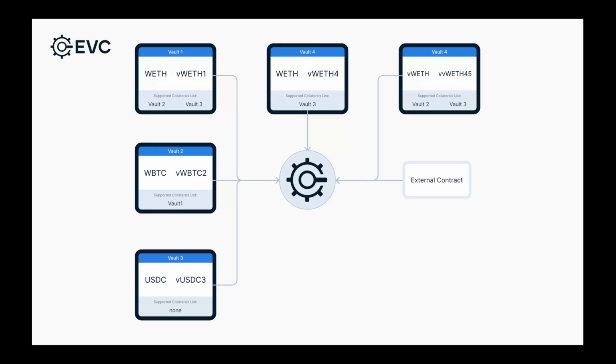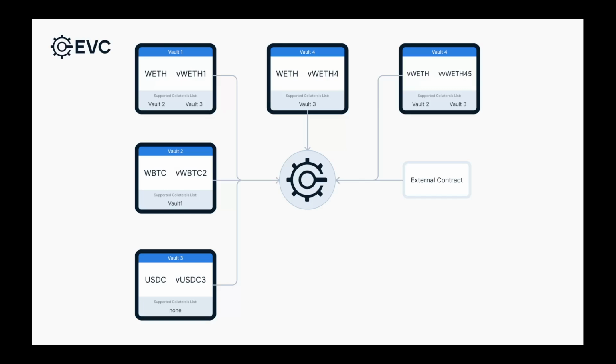After we enable controller, if a user wants to perform any action that may potentially affect account solvency, so for example, if you borrow from vault number 1 or if you try to withdraw your collateral, the EVC will be responsible for calling the controller vault to determine whether the action is allowed or it should be blocked to prevent account insolvency.